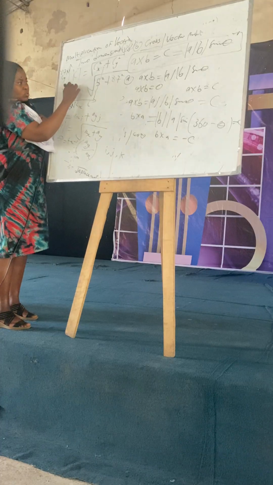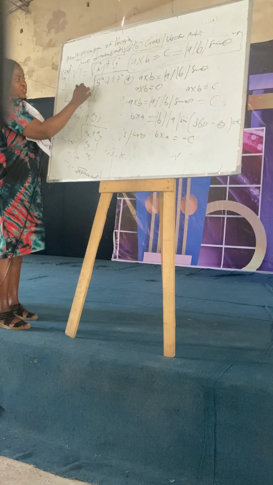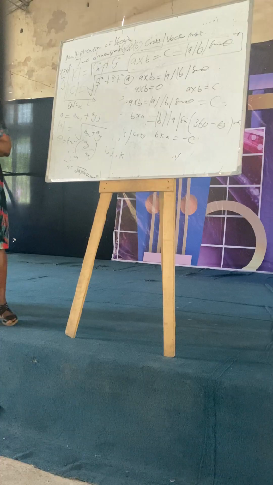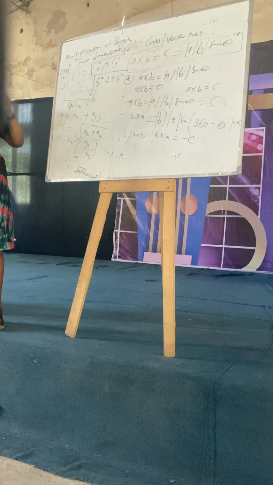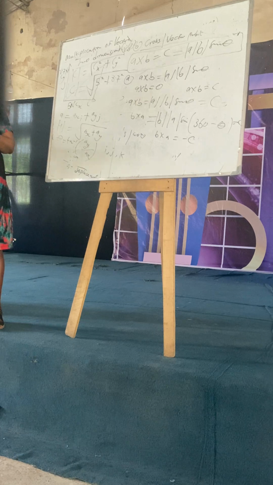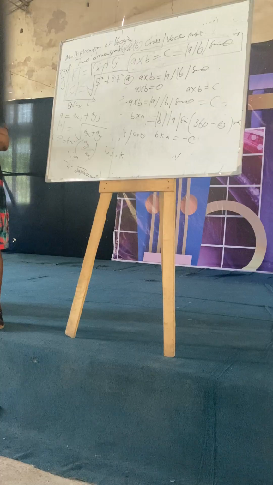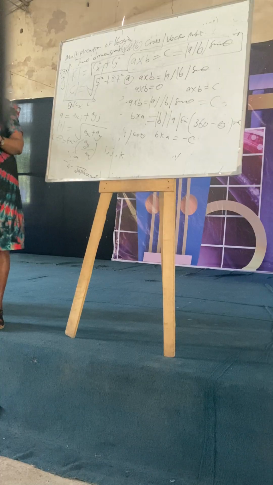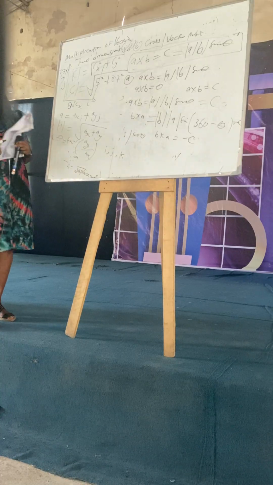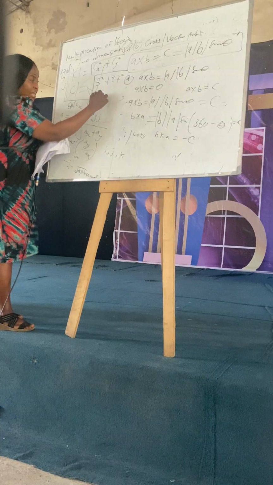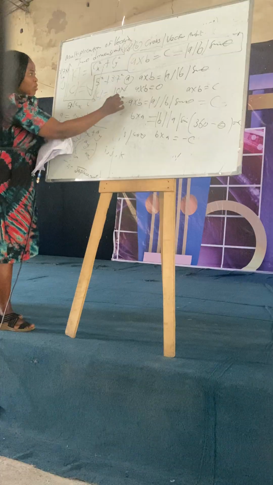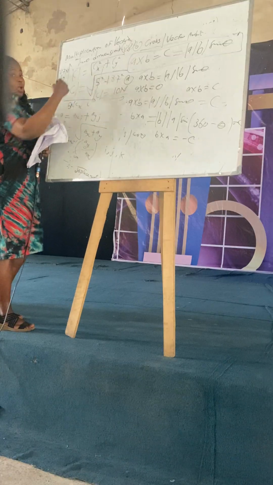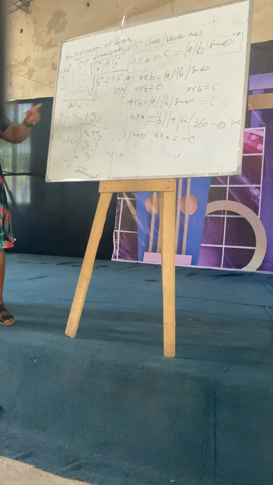That is your magnitude. Now 5 squared plus 8.7 squared. If you square both of them and add them, the magnitude of C will be equal to 10 Newton.